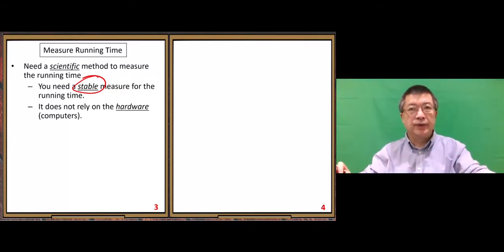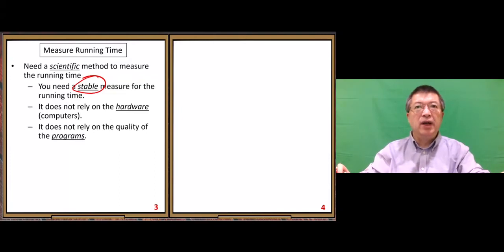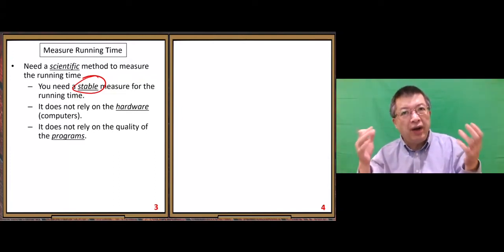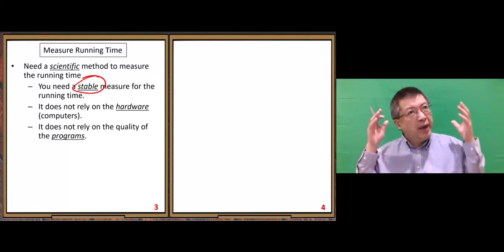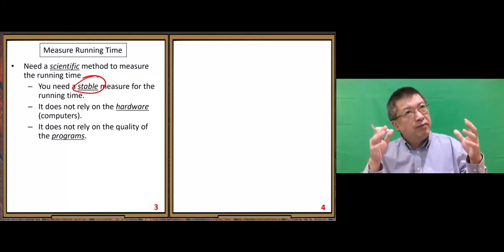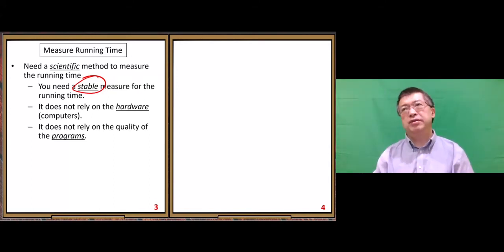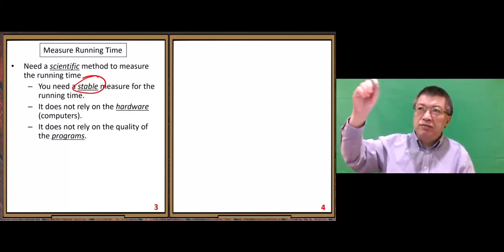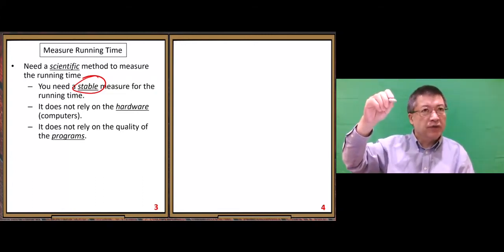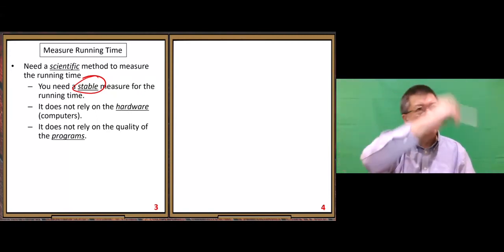So that's one. Another, it does not rely on the quality of the program, even for the same algorithm. When you write code, some programmers do not have a lot of experience, so they do not know how to make faster programs. They handle things not very efficiently, so they waste a lot of resources.